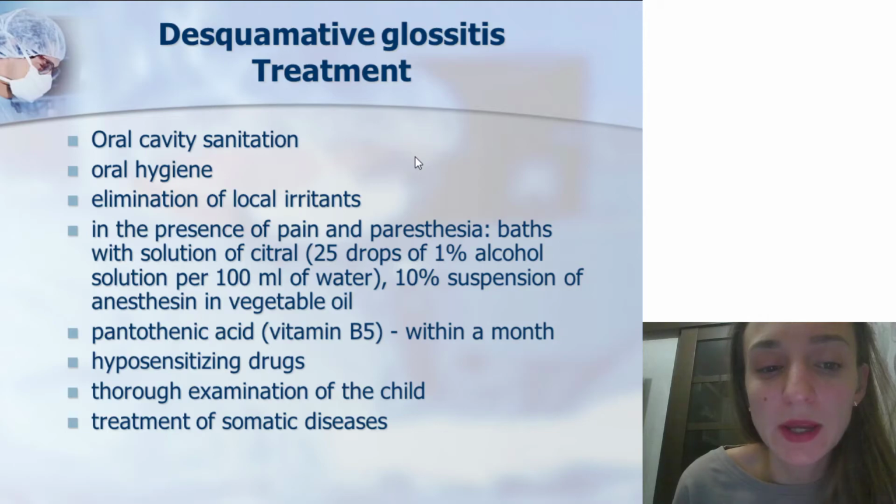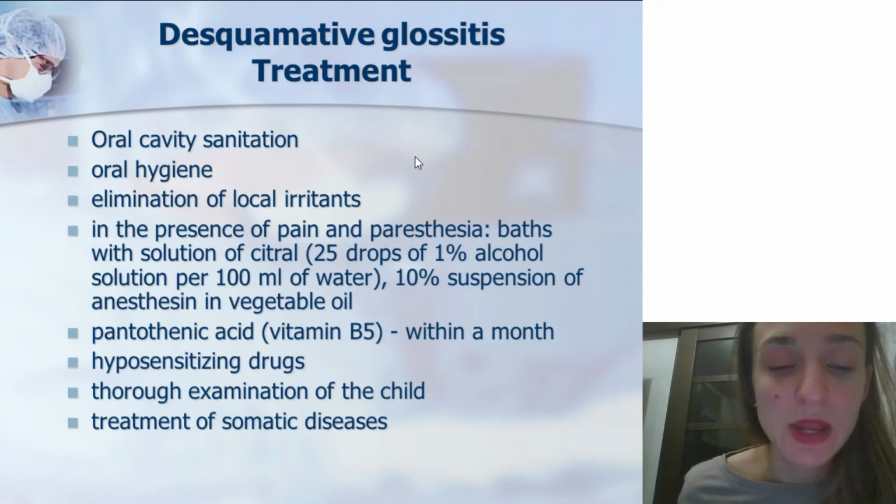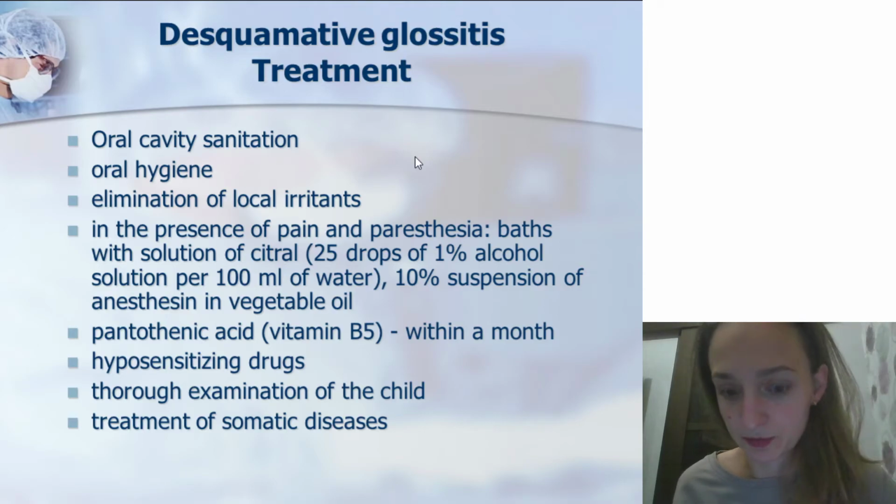In case of pain and paresthesia, it is recommended to apply citral solution and 10% anesthesin suspension in vegetable oil. It is advisable to conduct the child's examination followed by treatment of systemic diseases in cooperation with a pediatrician, of course.